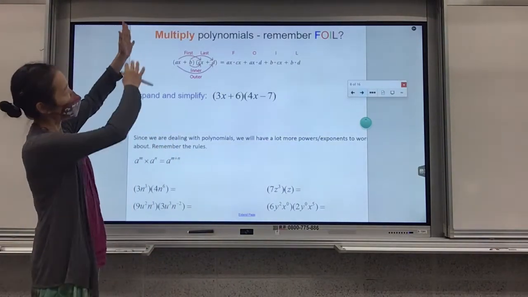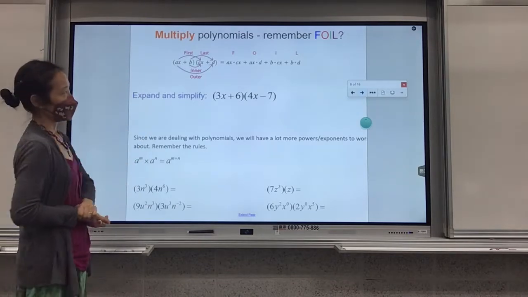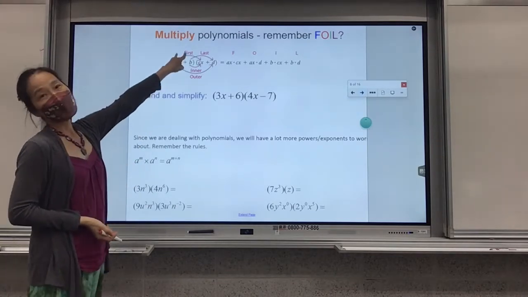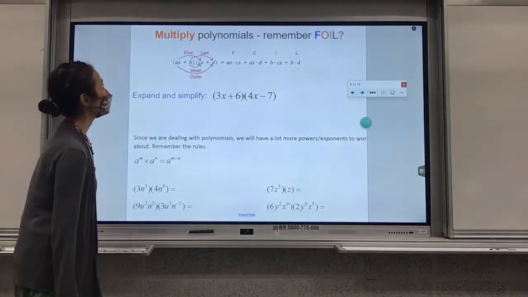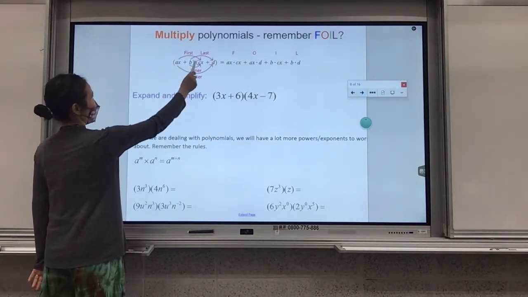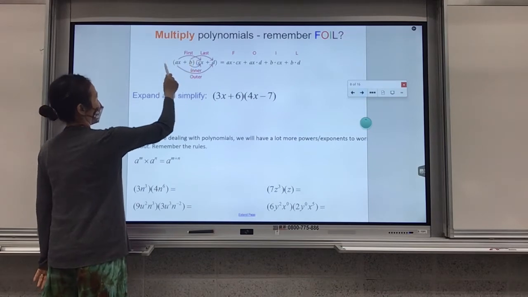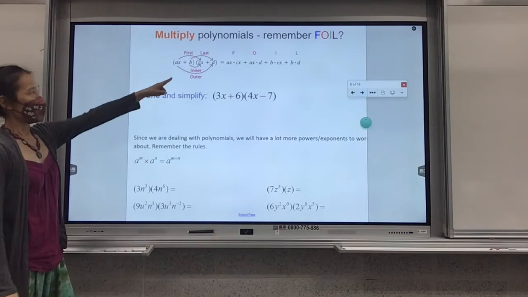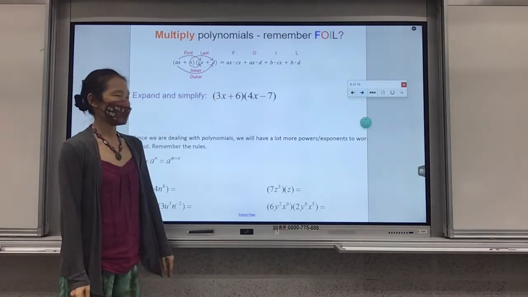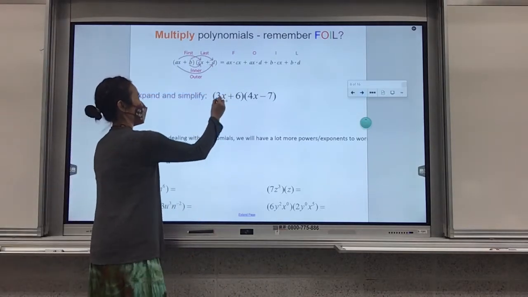So when you multiply polynomials, a binomial multiplied by a binomial, we can use FOIL. First term times first term, right? Outer term times outer term, inner, outer, anyway. So just distribute. Okay, let's practice.